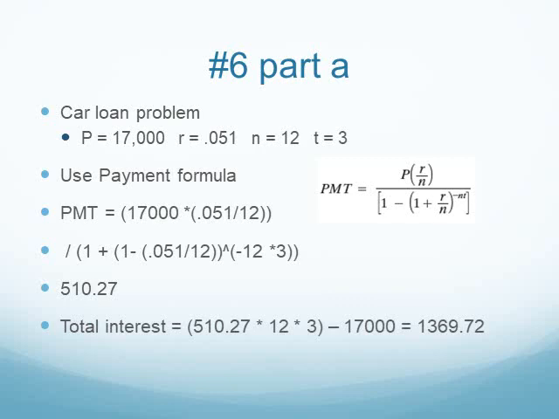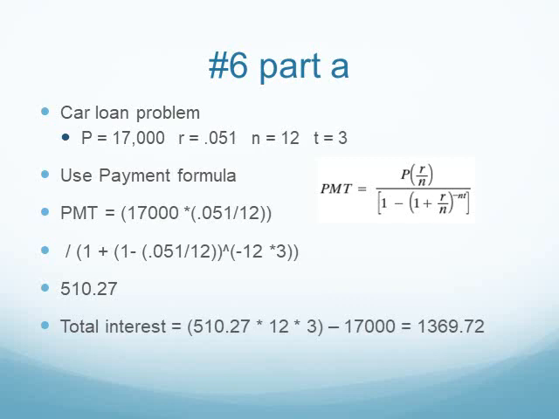And remember, to find the total interest, what we have to do is take our monthly payments, multiply by 12 months in a year, and then multiply by 3 years. This part in the parentheses will give me the total that I paid for the car. I have to then remove the cost of the car, the principal, in order to find just the interest. Okay?